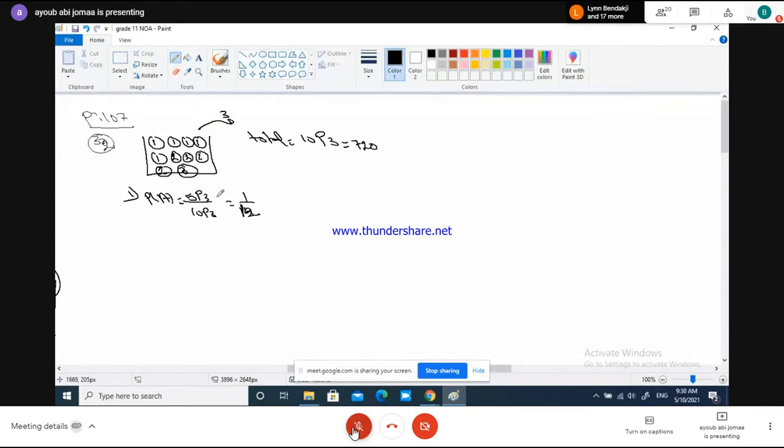Now with replacement, like I told you once and I repeat: with replacement or without replacement, or the selection, or the number of marbles selected from a jar, or elements selected from a set of elements, it will be written for you, or the experiment is very clear. For example, here a jar, I can select 3 marbles simultaneously in one hand. It will say select 3 marbles from this jar simultaneously, or in one hand.